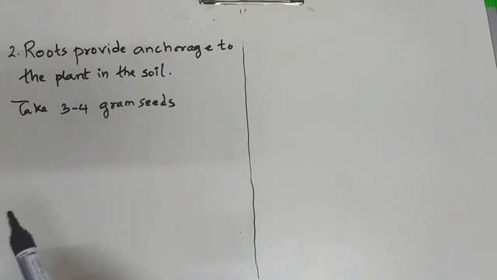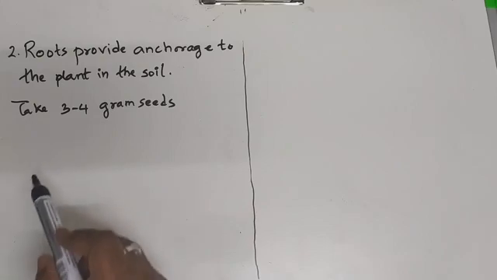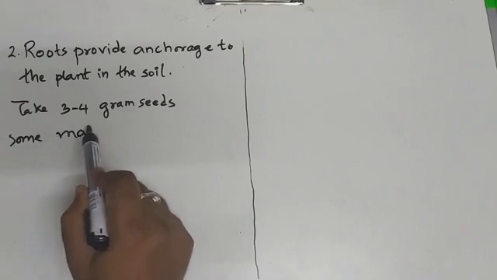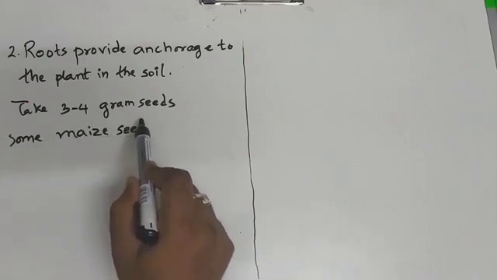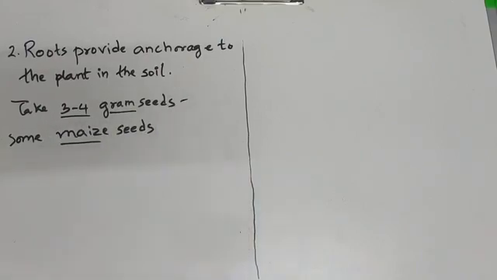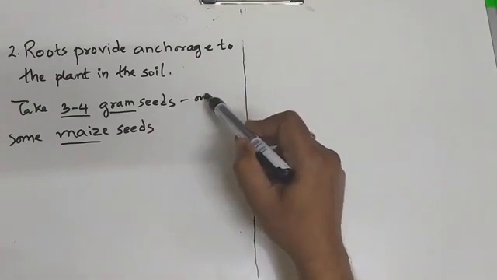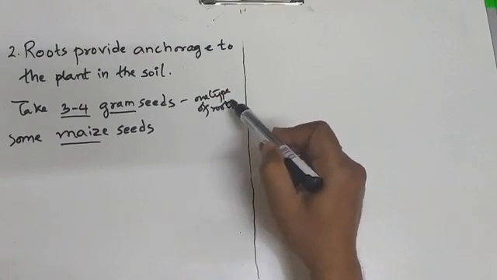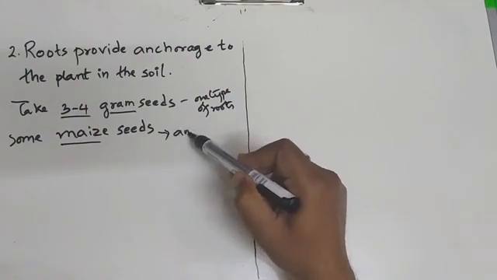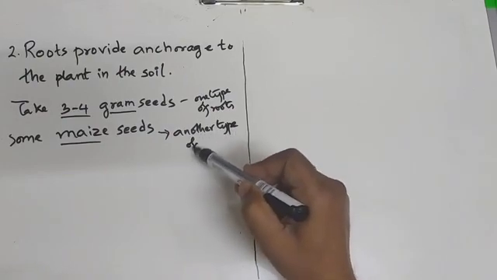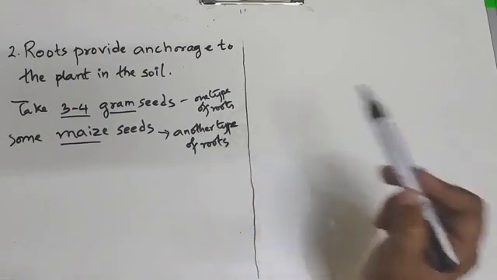Any gram seeds you know, like this, and some maize seeds. Because gram seeds form one type of roots, and maize seeds form another type of roots. Right.